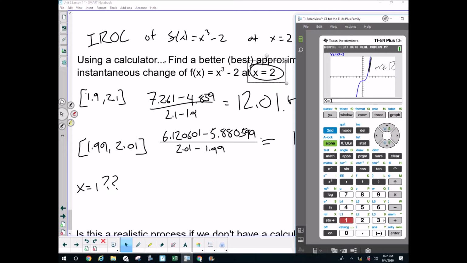At x equals 1, I can see I'm going up. I have a positive slope. I want to try to find the value of that positive slope. Now, your calculators will be rounding. Try not to round your answers, and you will get a value that should be close to a whole number. I'll let you know that. Good.